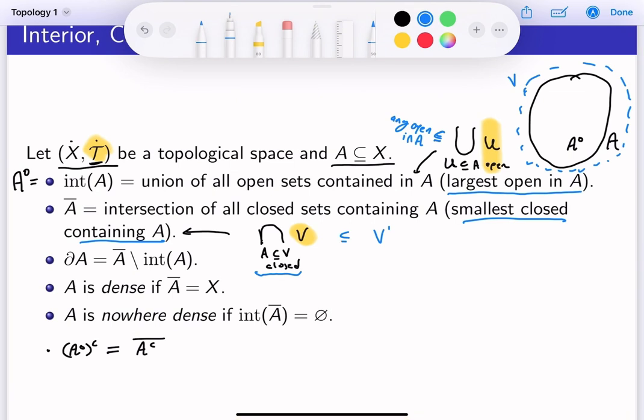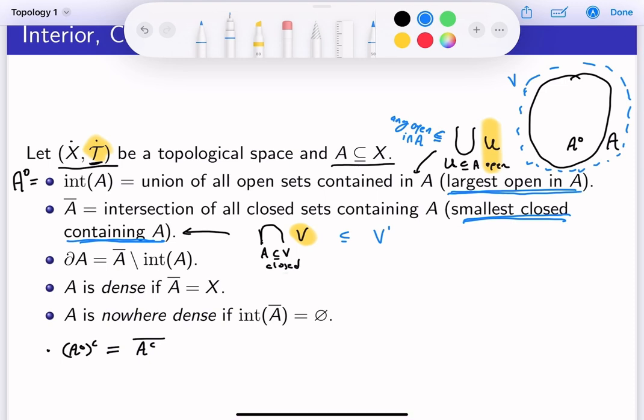So it's always the case that we have this. And hence, this set here is the smallest closed set containing A, okay? And it contains A because each and every one of them does. Okay, so that's important to observe, and these definitions are very important and can be used in proofs. So please make sure that you also remember that.